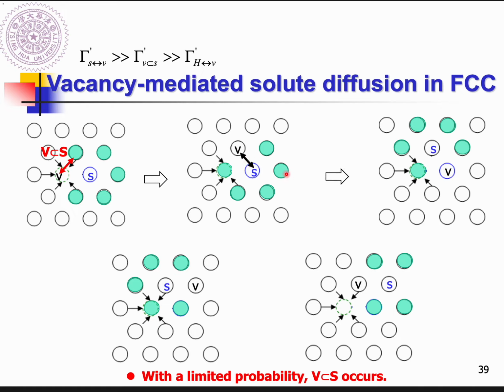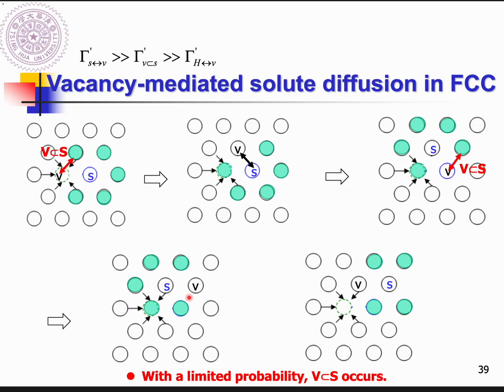And for a certain time, the solute is located here, the vacancy is located here, then the vacancy changes. So after 100 times of jumping process, next would be the vacancy exchanging location with the host atom neighboring solute, right?